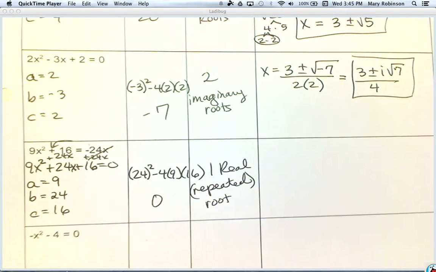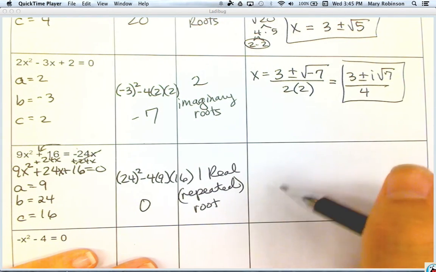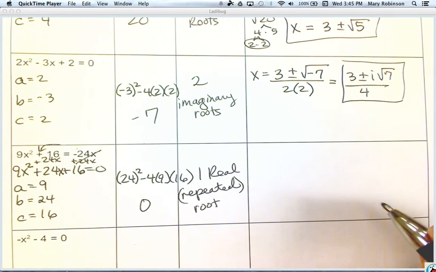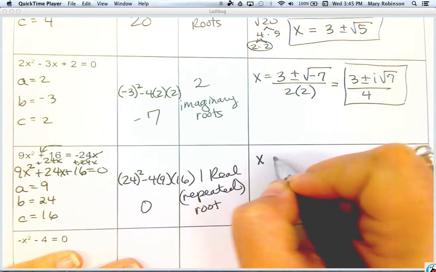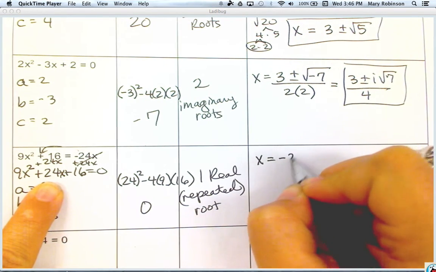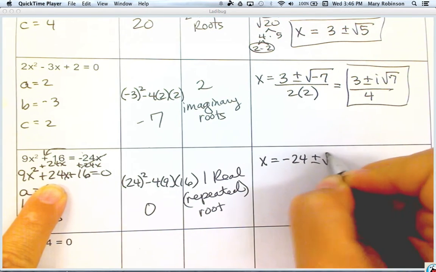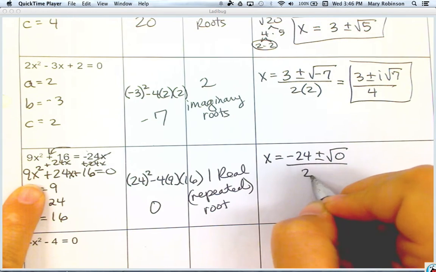It's going to be repeated because it kind of counts as twice. It means the quantity squared. Remember, I was talking about the multiplicity and it bouncing off the x-axis. So to finish solving this, we would have x equals the opposite of b plus or minus the square root of 0 all over 2a.